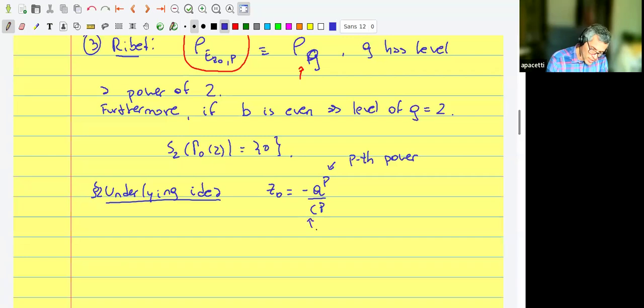The denominator is also a pth power. And if you compute 0 minus 1, this is exactly minus a to the p minus c to the p divided by c to the p, which is exactly minus b to the p divided by c to the p. So 0 minus 1, the numerator, is also a pth power.